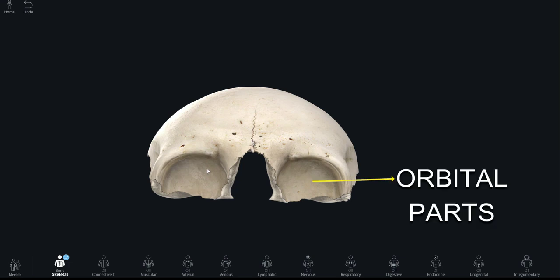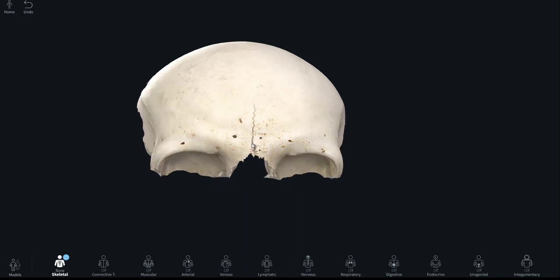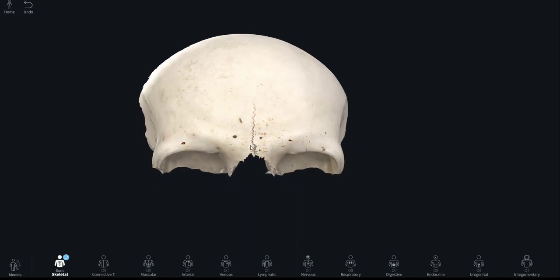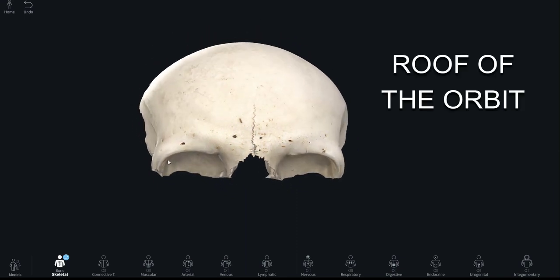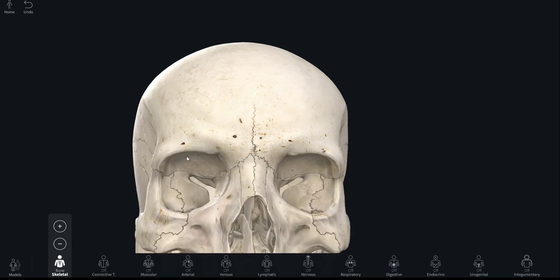These are the orbital part of the frontal bone. The orbital part of the frontal bone, we can very well visualize that this is forming the roof of the bony orbit of the human skull. So if I give it a very fast view, see, here it is.